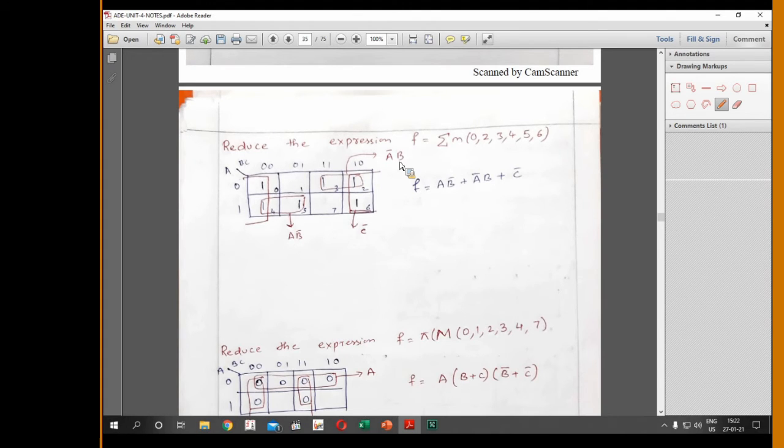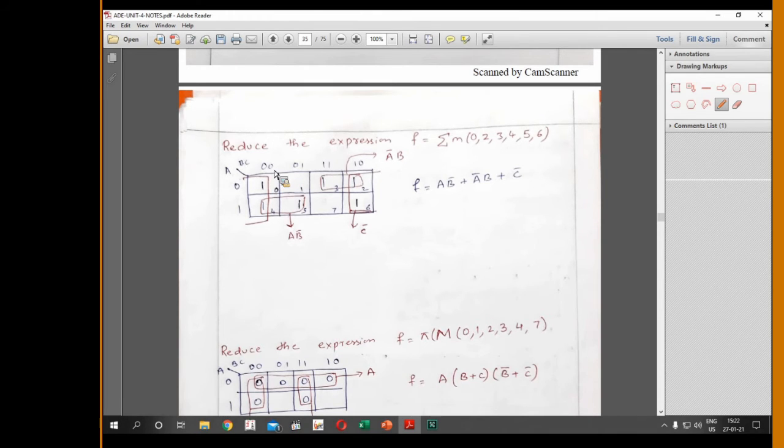So these 4 minterms 0, 4, 2, 6 can form a quad, and it can eliminate 2 variables from all the minterms. After eliminating those 2 variables, you have C bar. A is 0 and A is 1 row wise on these 4 minterms, so we could not take A as a common variable or place it in the minimal expression. For BC, here it is 00 and 10.